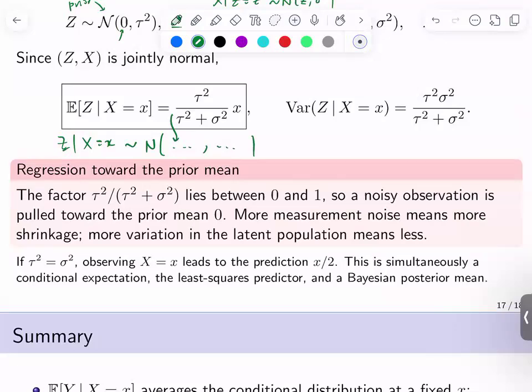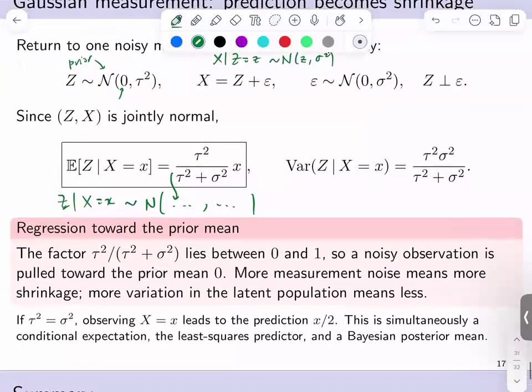Okay, so this example contains a lot of concepts together. It's the Bayesian approach where you have a prior, you have a likelihood, you observe something conditional on the unknown variable. Then you can form the posterior, which is the distribution of the latent or unknown variable given the observation. The posterior has a mean.